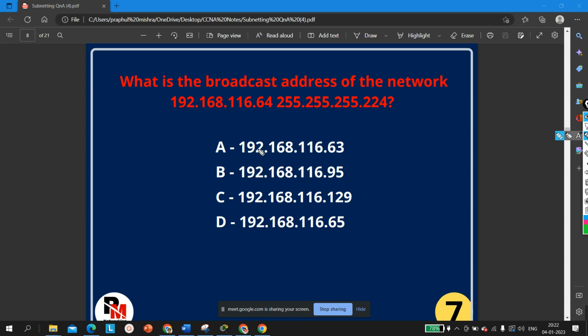Let me know. I think it's 63. I'm trying to solve the question. I think A is the correct one. Which one? A. Okay, so two people are saying A.